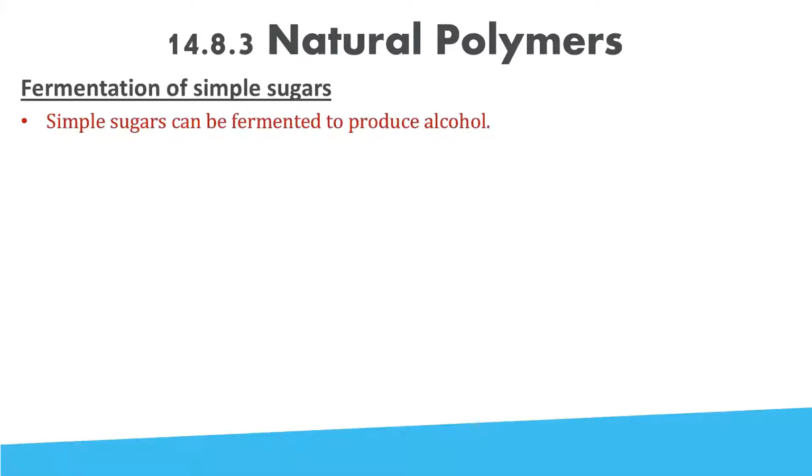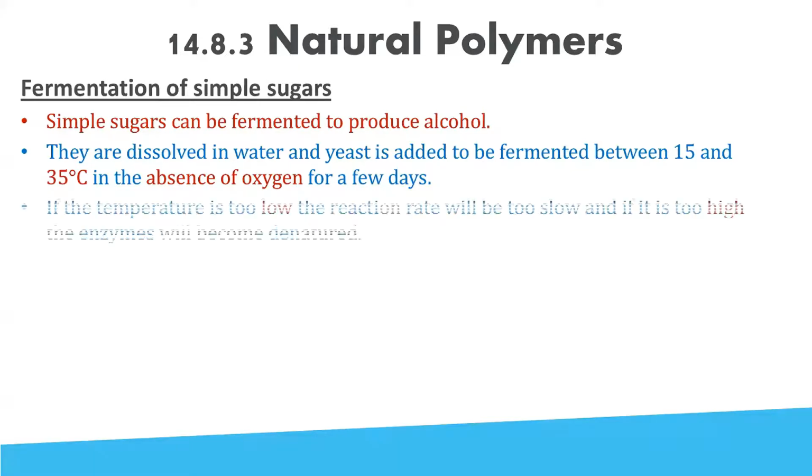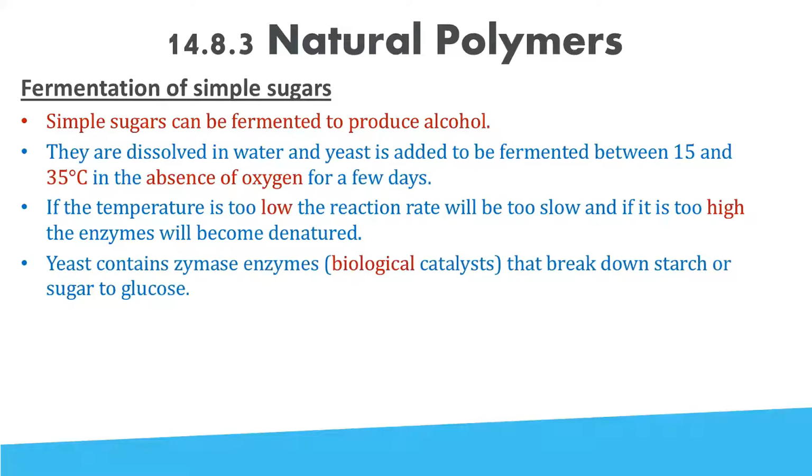We have somewhat learned this topic, fermentation of simple sugar. As we learned from alcohol, by using yeast, the yeast will break down glucose at 35 degrees Celsius in anaerobic condition. Anaerobic condition means absence of oxygen.